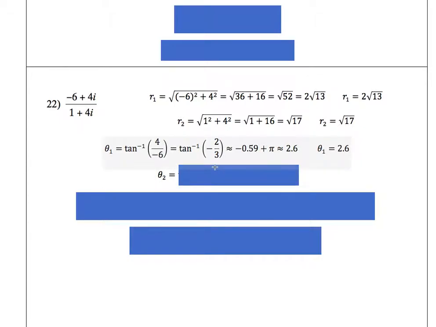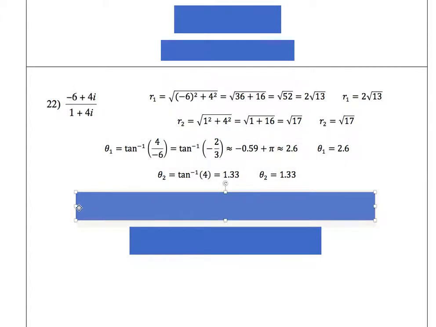Okay. All right, so now for our second theta, we have inverse tangent of 4 over 1, which is just 4. We plug that in, and we get 1.33, and you don't have to do anything special with that because your x value is positive here.